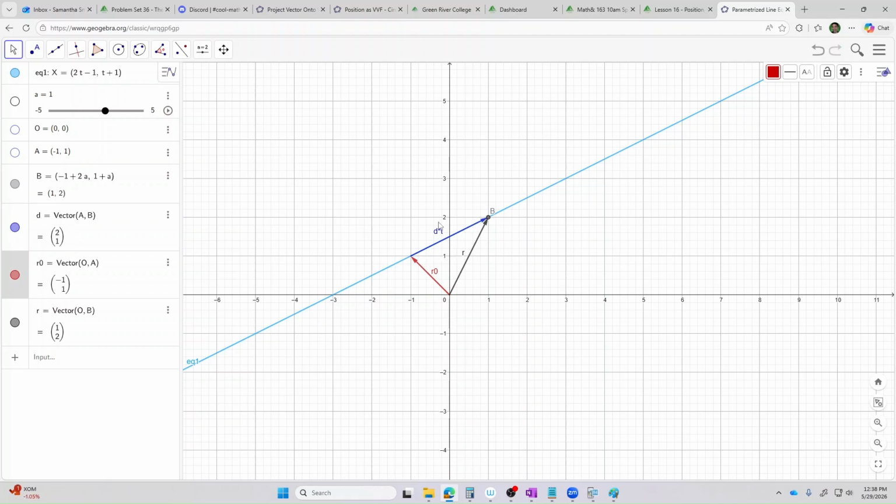And when we multiply that direction vector by t, what we're doing is scaling that direction vector. So by multiplying by different values of t, we can either extend that direction vector and make it longer, or we can shrink that direction vector and make it shorter, or if the t's are negative, we can actually flip that direction vector and go backwards along the line.